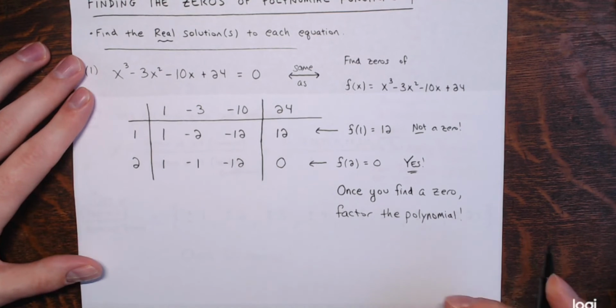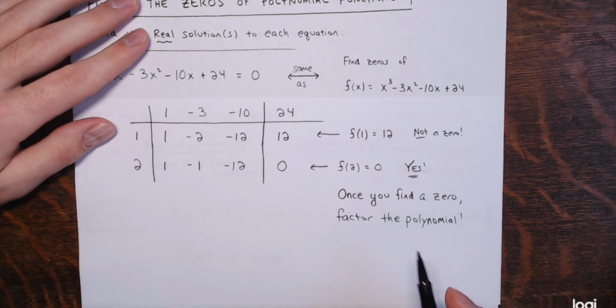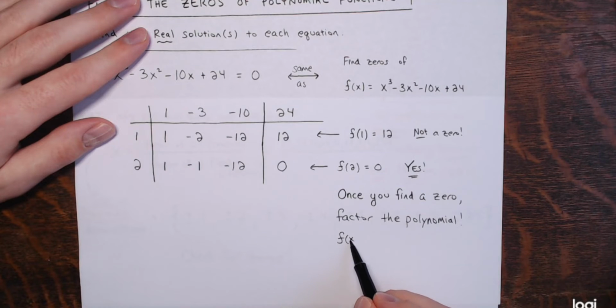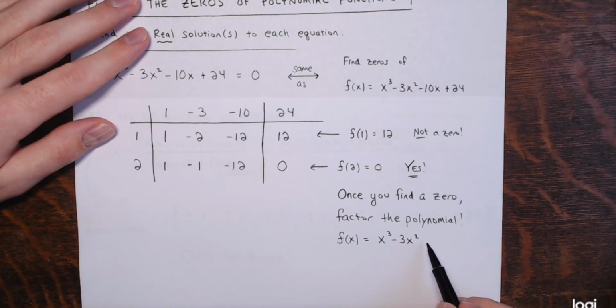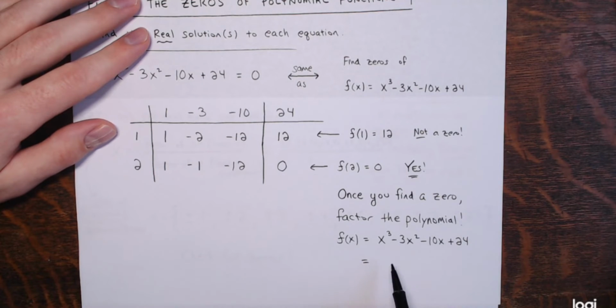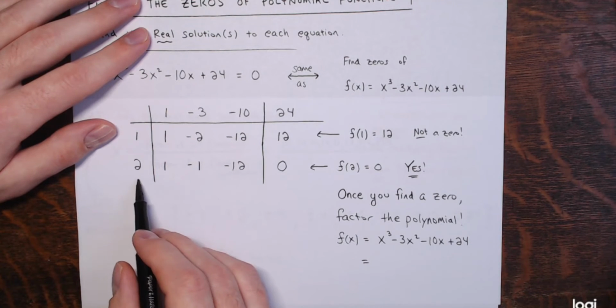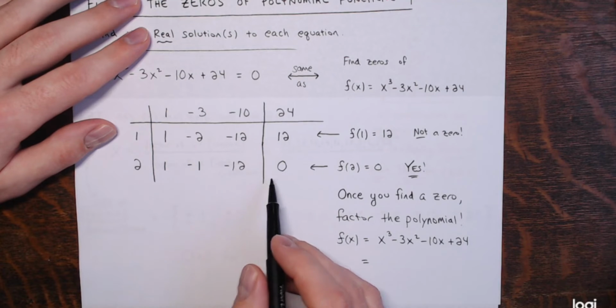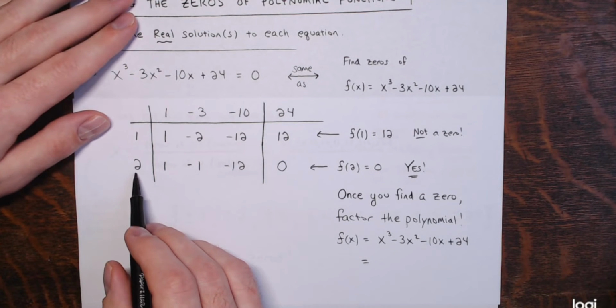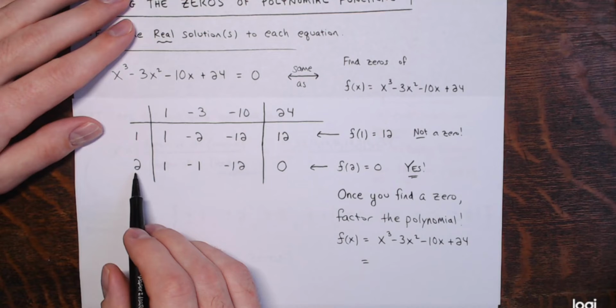So watch this. We had f of x. We called this polynomial f of x, which was x cubed minus 3x squared minus 10x plus 24. But now I should be able to factor it using this line right here. Remember, if 2 was what I plugged in, that means my divisor was x minus 2.